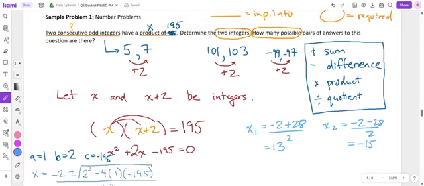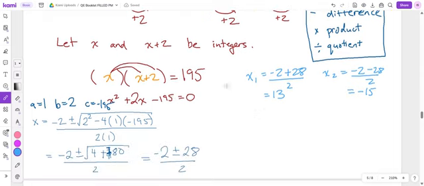Sometimes we don't end up using both solutions, because if it says the length of the triangle is negative 56, you know it can't be. But in this case, it doesn't matter if it's negative or positive. So let's watch this. x plus 2 equals 15. And in the other solution, x plus 2 equals negative 13.